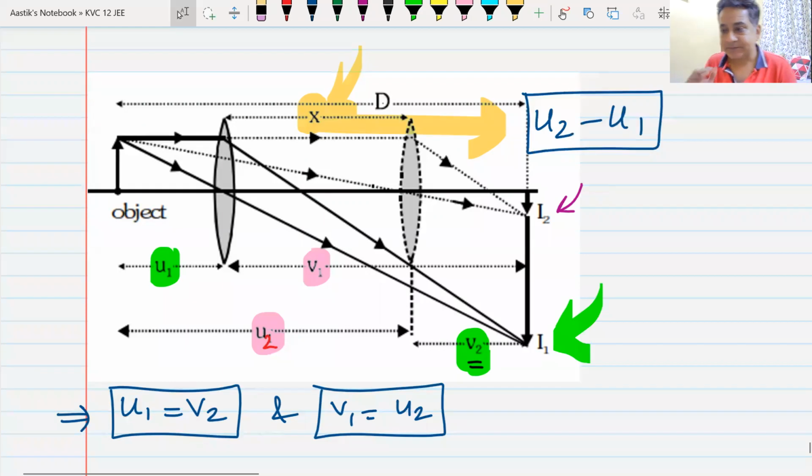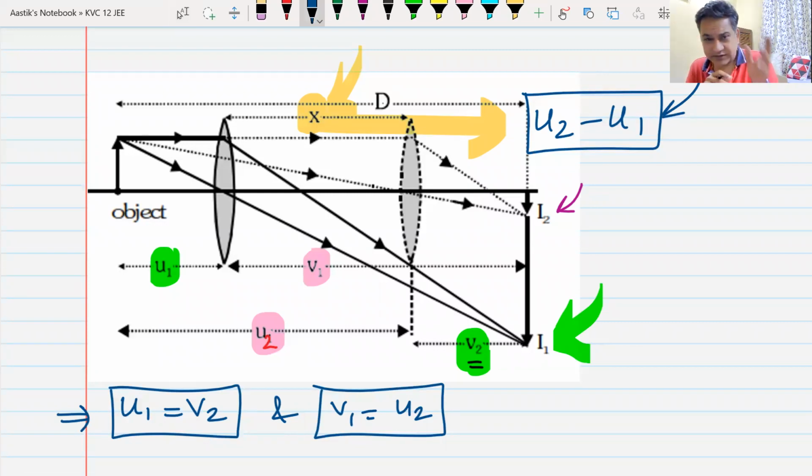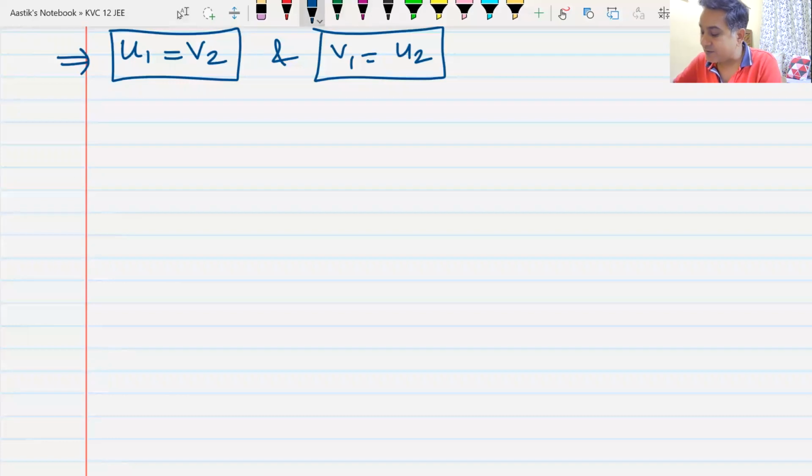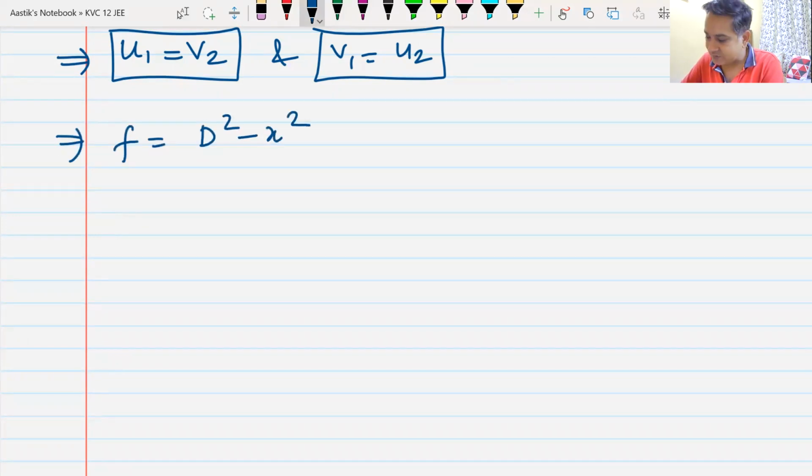And then, if you subtract U1 from U2, you will get the value of x in terms of f, or f in terms of x, and that is the result of the experiment that you are going to do. Your f will be equal to (D square minus x square) by 4D.